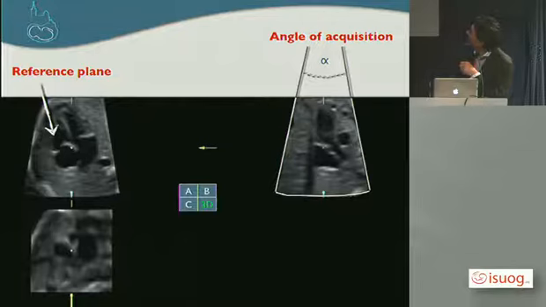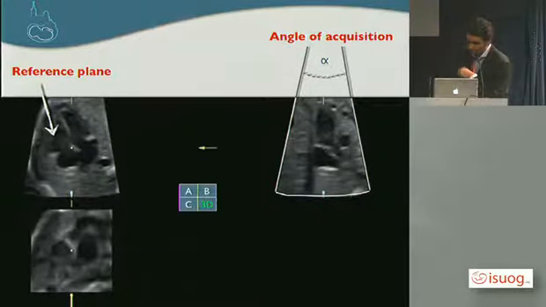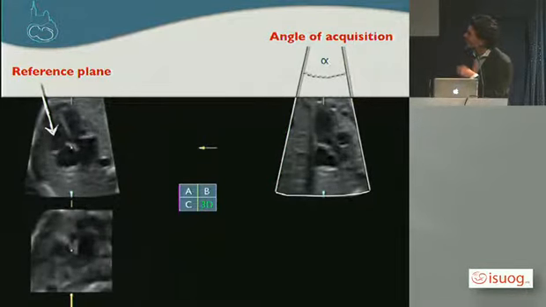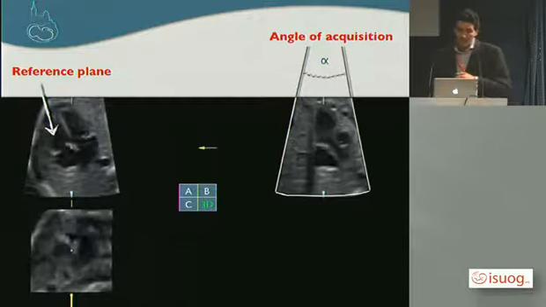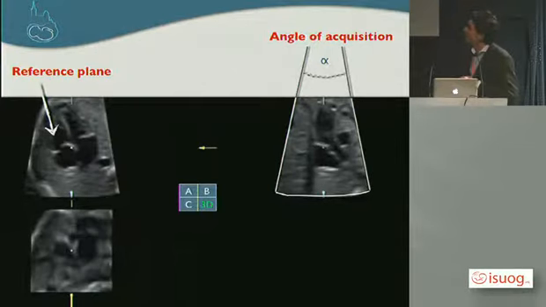Here we can see what exactly the depth of the acquisition angle means. Initially, the 3 orthogonal planes are static. Then you can choose to integrate a dynamic process by activating the cine ability, and you can choose to display a cine loop, the entire cine loop of the fetal heart.